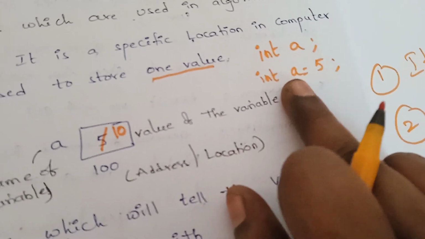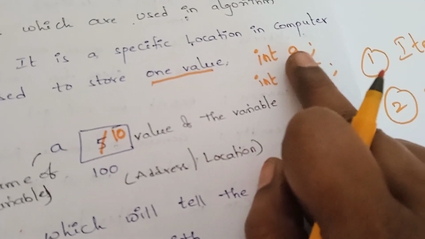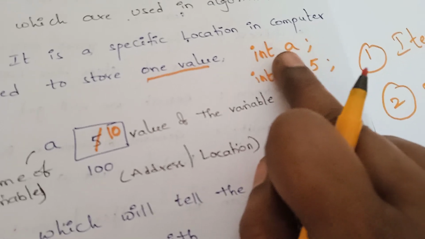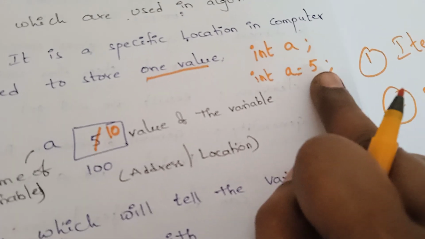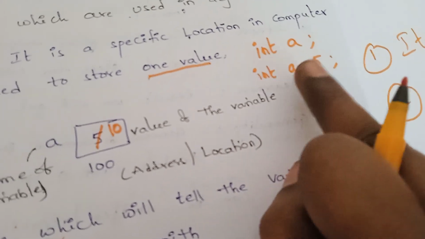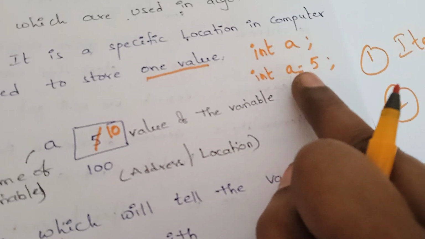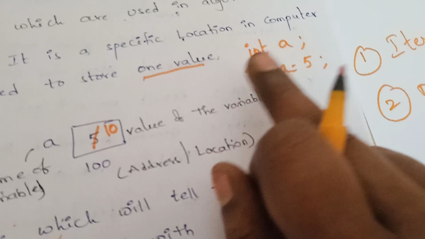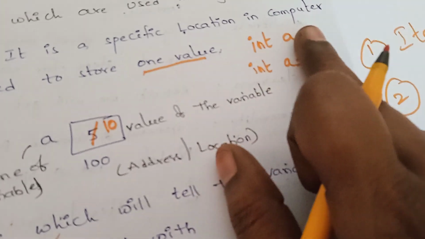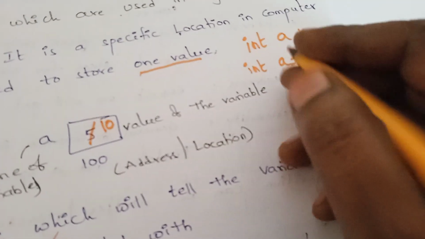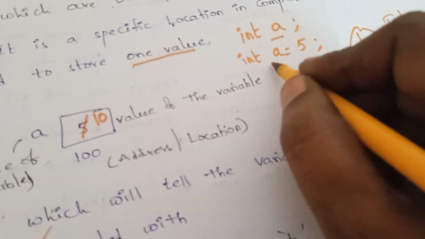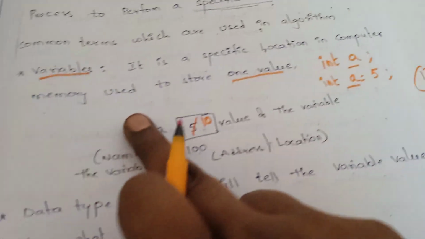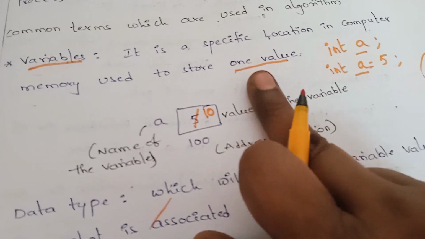Please remember: when a variable is given in the algorithm, we call this declaration of a variable. When a value is given, you call this initializing a value to the variable. Whatsoever the method, declaration or initialization, you will have a variable. So a variable is a specific location in computer memory used to store one value.